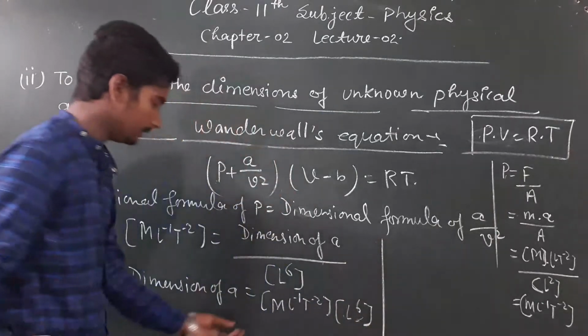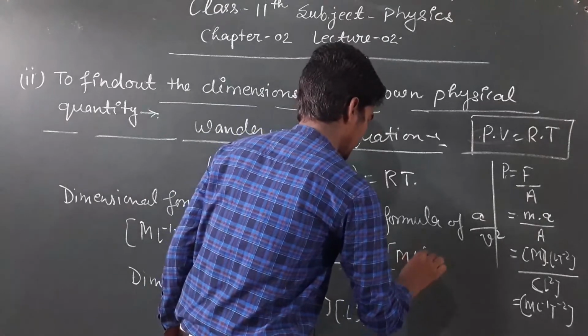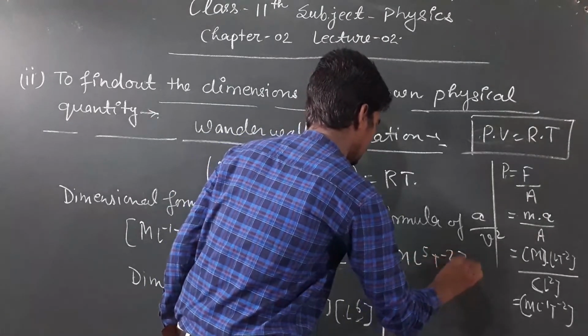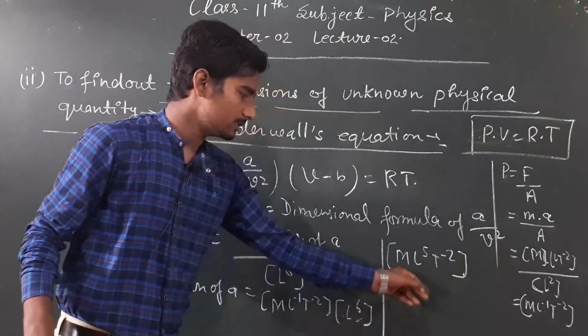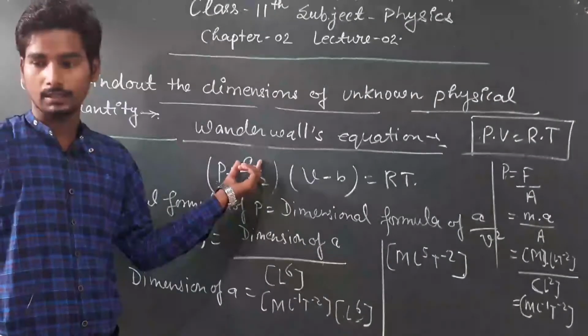If we combine both of them, then we will get m L5 T minus 2, and this is the dimensional equation for small a that was introduced here, right?